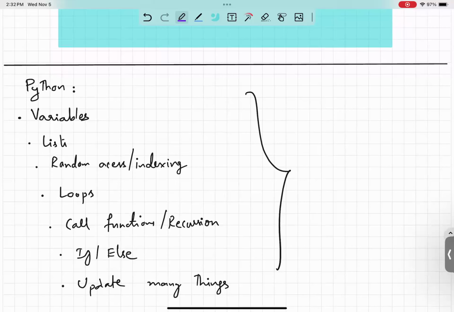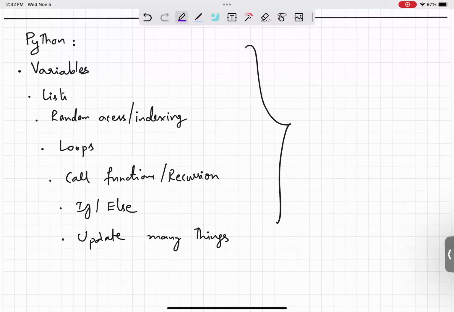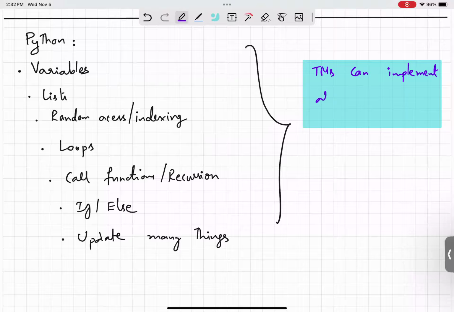Nevertheless, Turing machines can implement all of these. For example, you can simulate random access by only having single steps at a time.